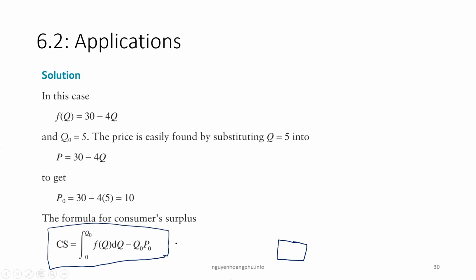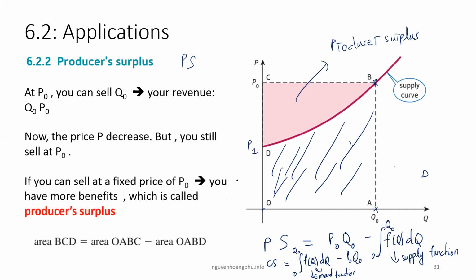So P0 multiplied by Q0 is going to be, let's say here is A, here is B plus A. So B needs to be the whole part A plus B, right?